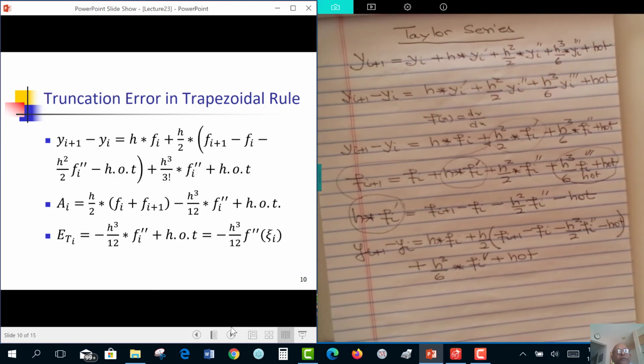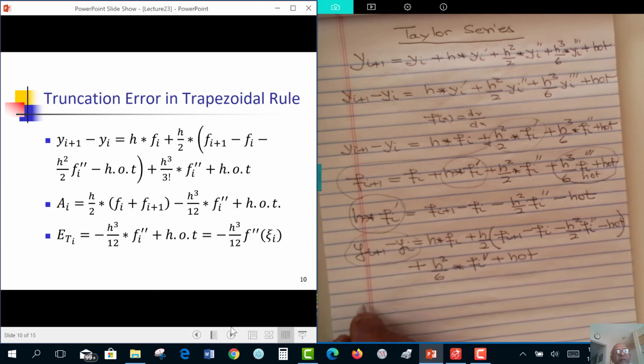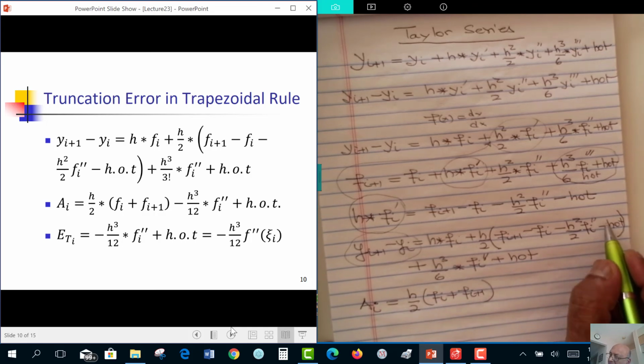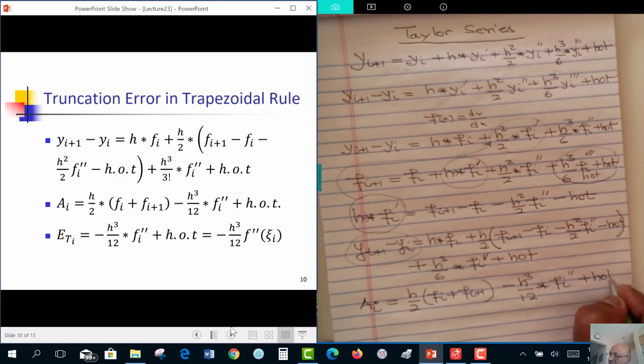Okay. So this is our area of the ith strip. And if I simplify this, I will get h by 2 fi plus fi plus 1. I combine this with this quantity, I will get minus h cube over 12 times fi double prime plus higher order terms.